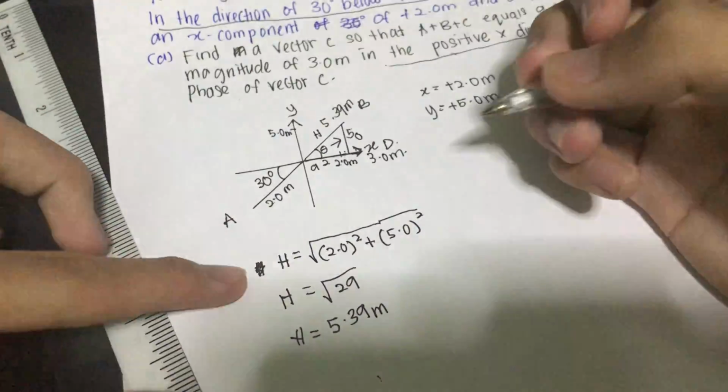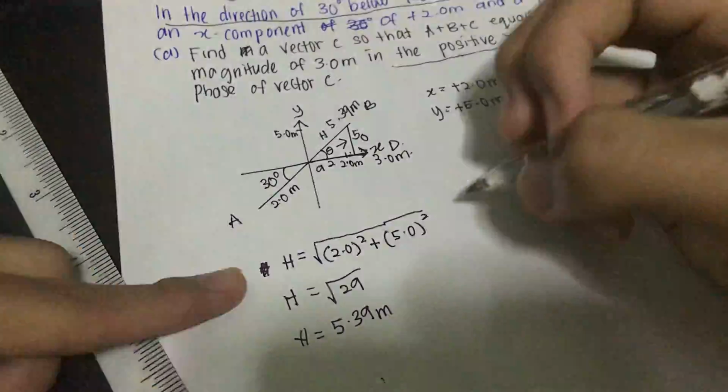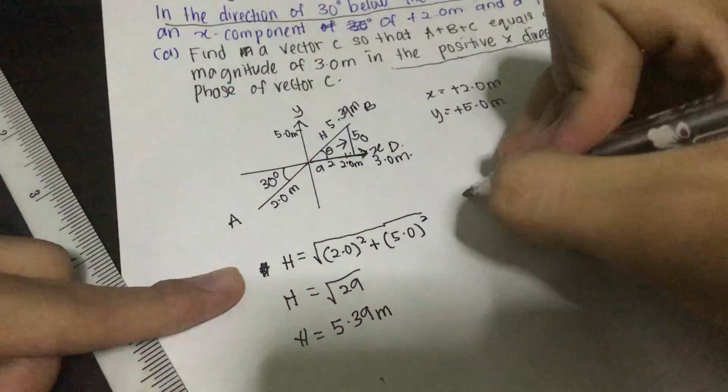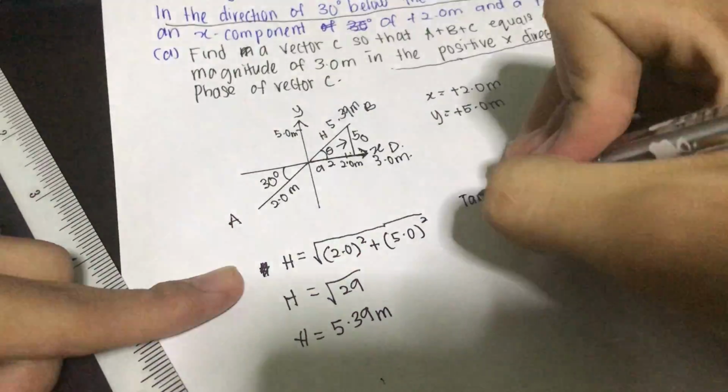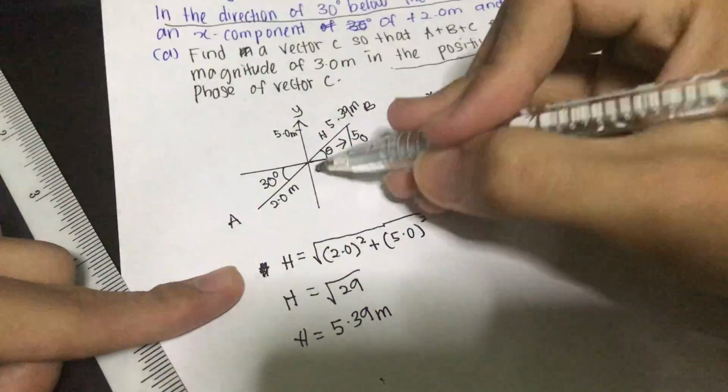Before that, we should find theta, and we use tangent because we have the opposite and adjacent.